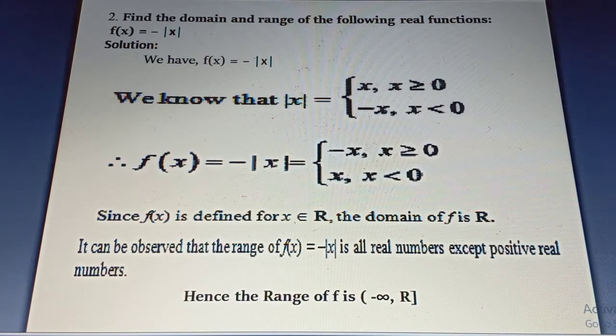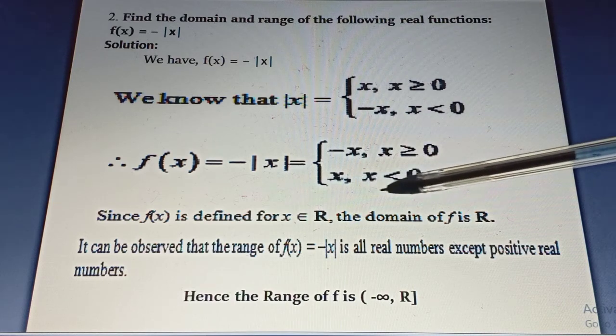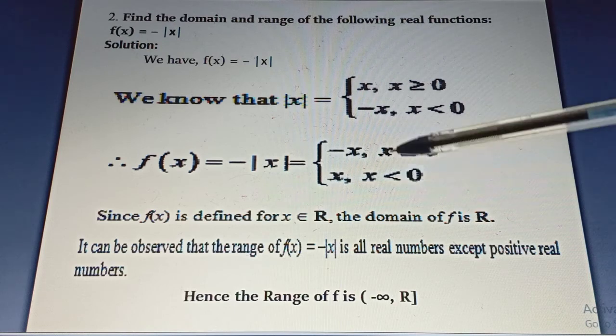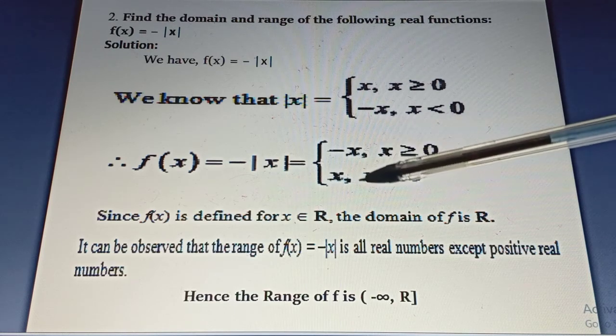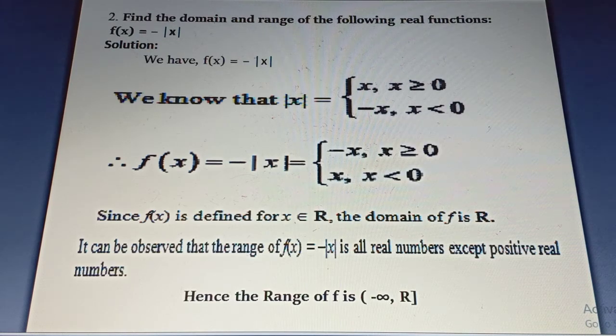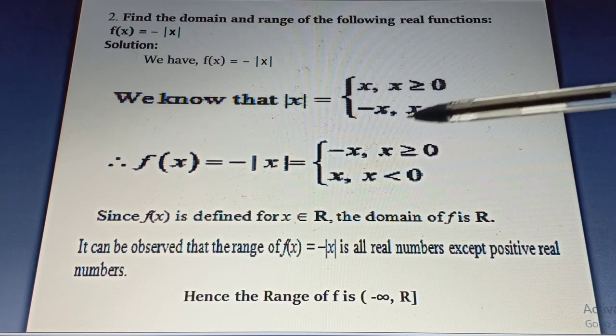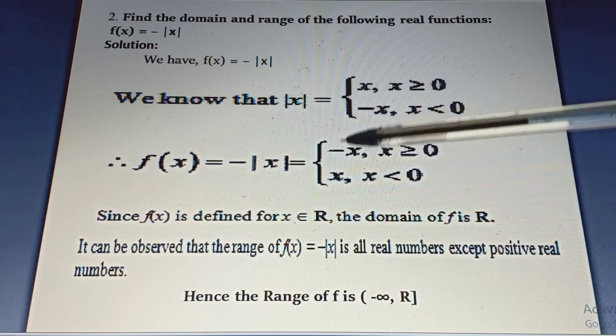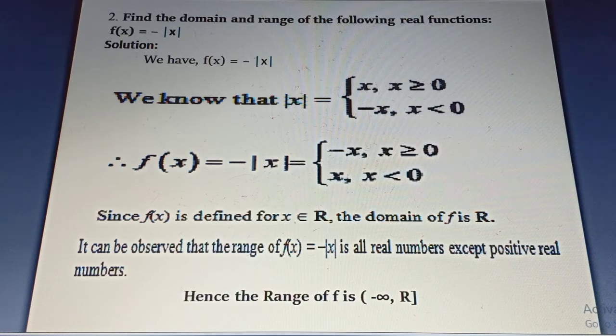So students, this covers all real numbers, because x is greater than or equal to 0, and x is less than 0. Since x is the domain, you can say that the domain is nothing but the real numbers, x belongs to R, so the domain of f is R. Now we have to find the value of f(x), which is nothing but the range. When x is positive, its value is negative, so it gives a negative value.